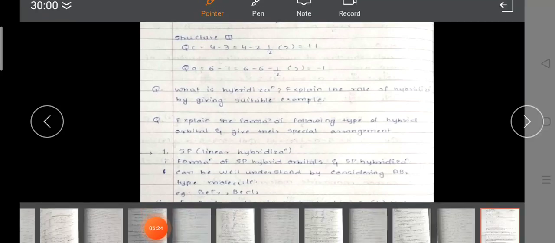You can calculate for the different nitrogens separately. These two examples you have to prepare and you can calculate the formal charge easily. Then carbon monoxide is given. You can calculate for structure 1, structure 2, then structure 3. Try it. If you are not getting it, then I will explain it again.